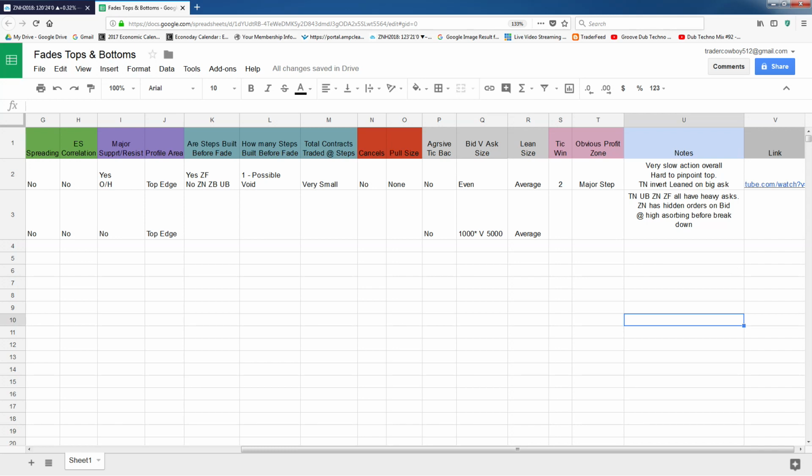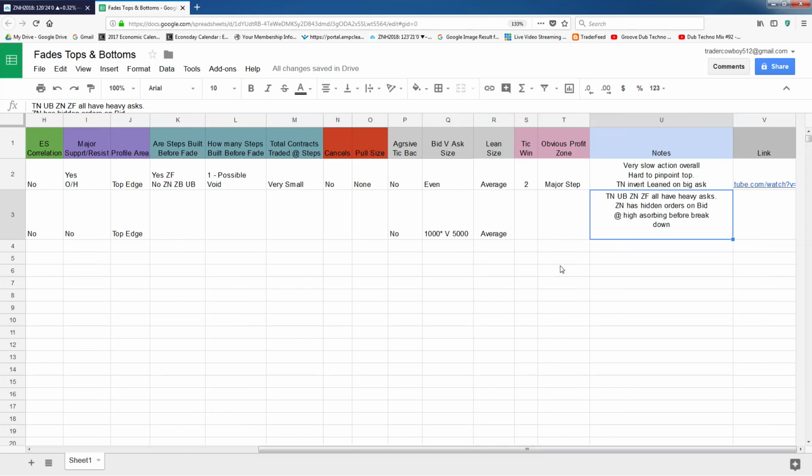Give me just a moment here. And then I believe the ES actually correlates here. I'm going to make the notes section slightly bigger because I just need it to be.